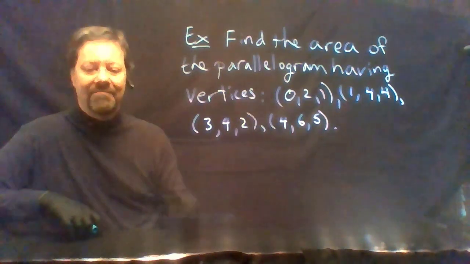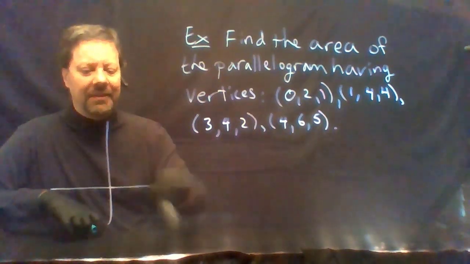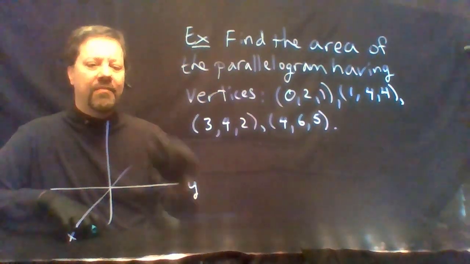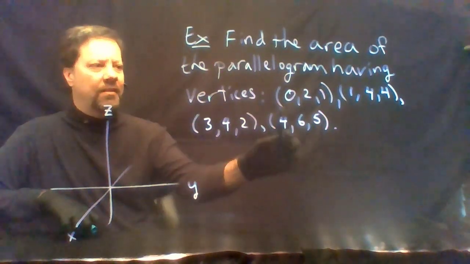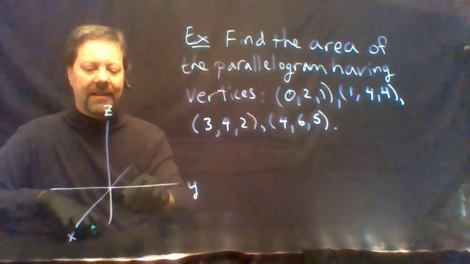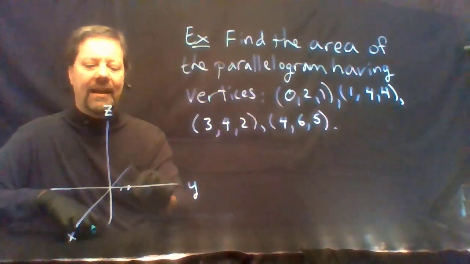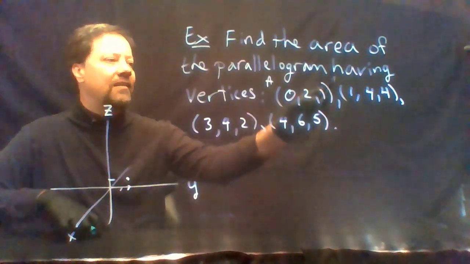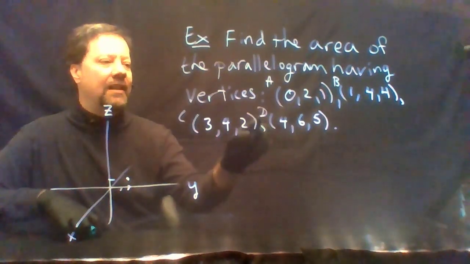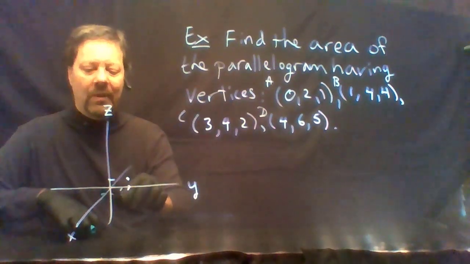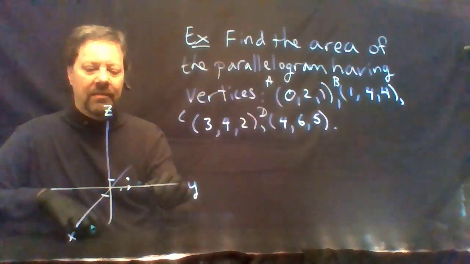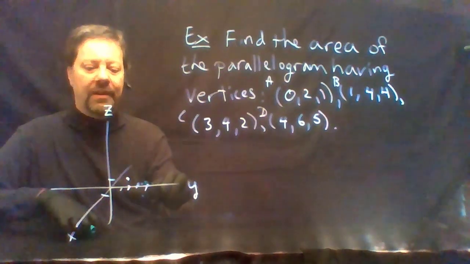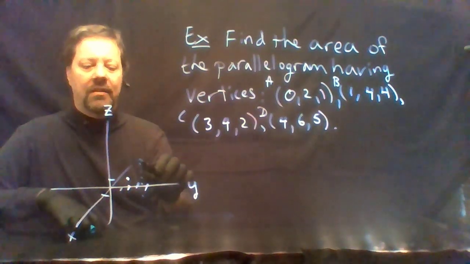Well, that's going to be pretty difficult plotting this in 3 dimensions. Point 0 on the x-axis, 2 on the y-axis, and 1 on the z is right here. We'll call this A, B, C, and then D. Point B is 1 unit this way, 4 units along the y, and then 4 units along the z.